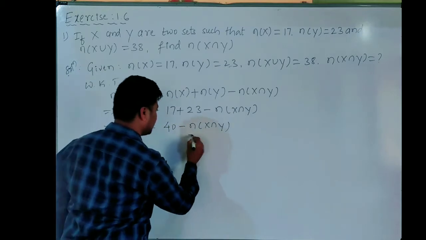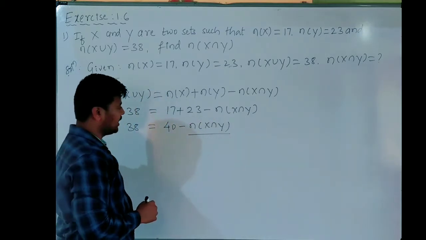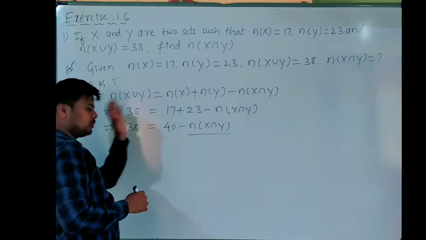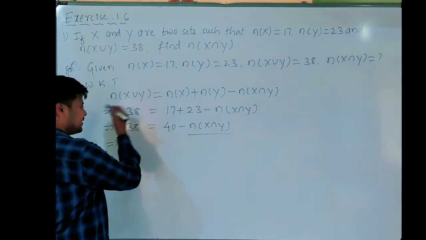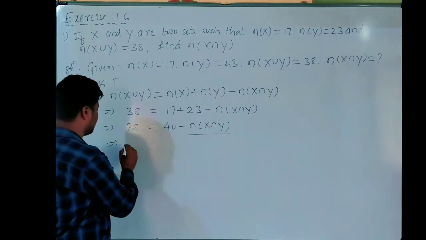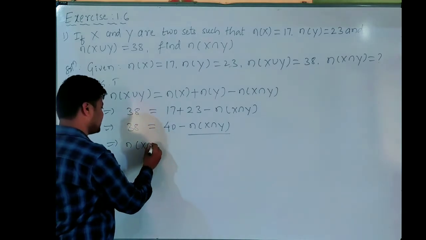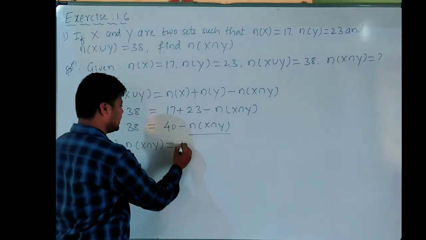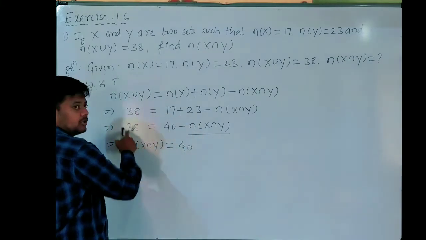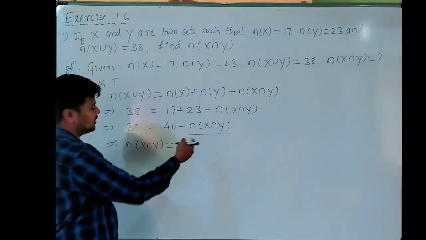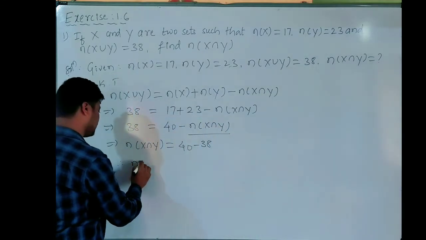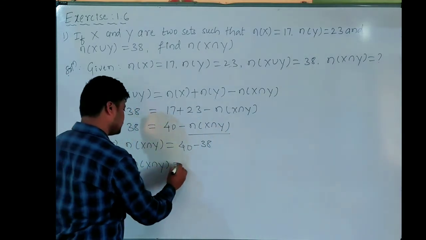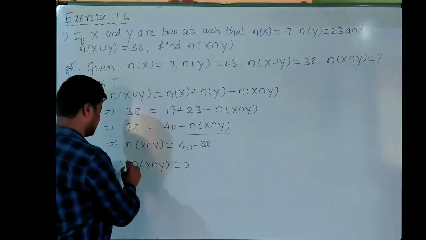Transferring this to the LHS, n of x intersection y equals 40, and transferring 38 to that side, minus 38. So the final answer is the number of elements in x intersection y equals 40 minus 38, which is 2.